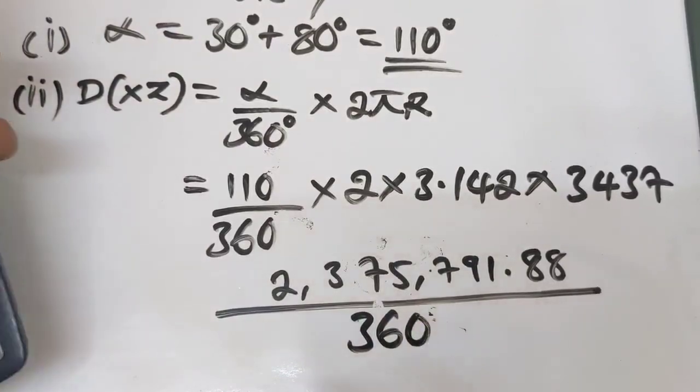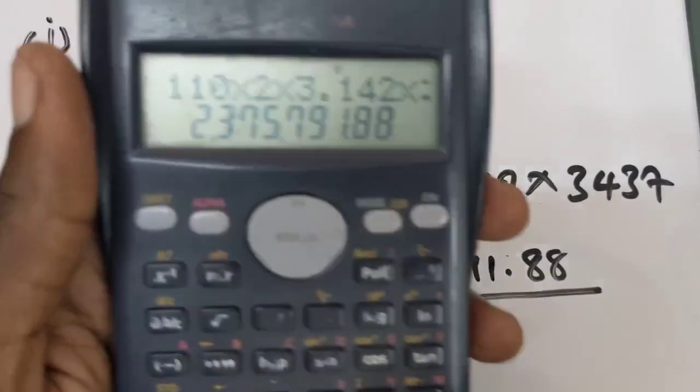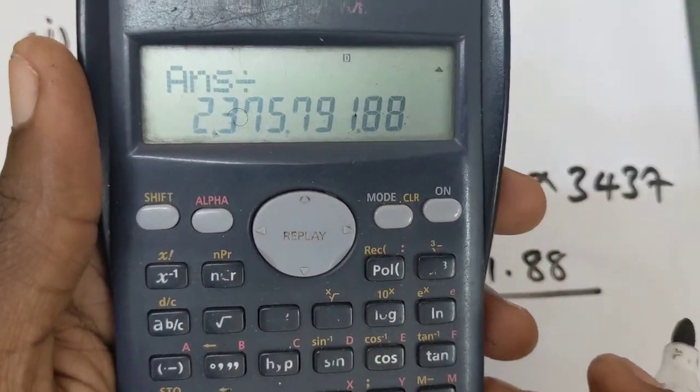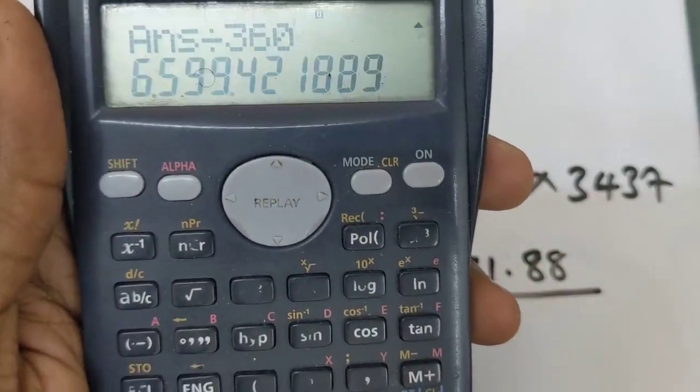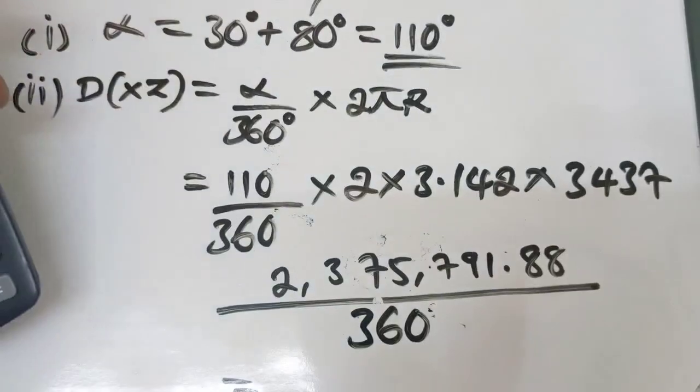Then from here you divide this same answer by 360. So that is the answer there.